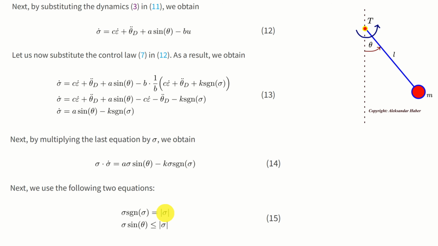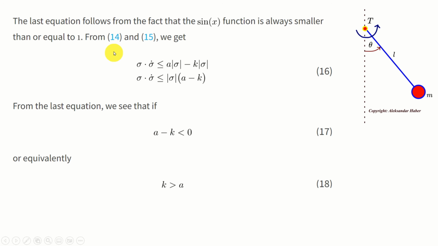Next, by using these two relations and properties inside of this equation, we will obtain this. We will see that sigma multiplying sigma dot is smaller than or equal to A multiplying absolute value of sigma minus K multiplying absolute value of sigma. Next, we can take sigma out, and finally we obtain this expression.